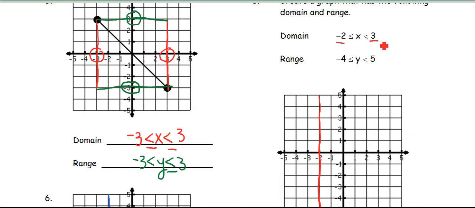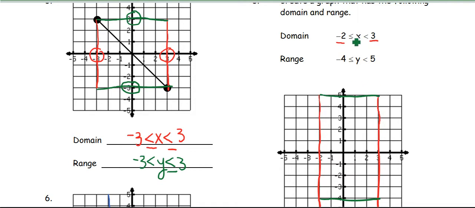It cannot go past 3 over here. On our range, it cannot be lower than -4. And it cannot be greater than 5.